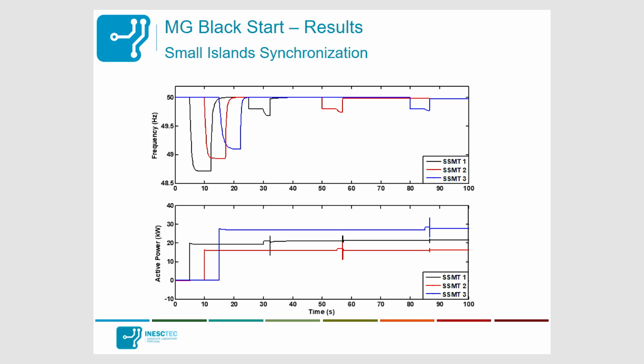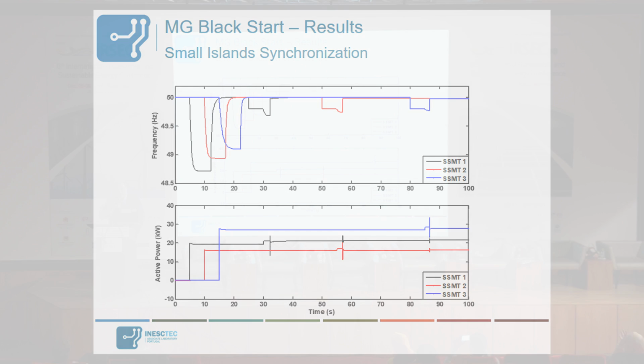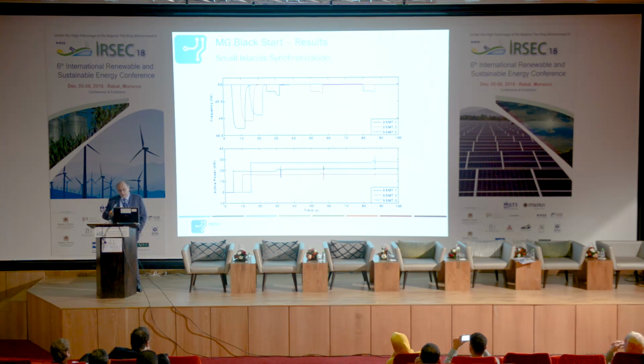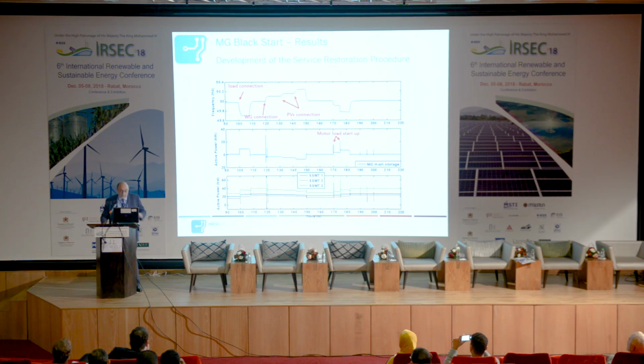But as we progress, we start making the synchronization of the islands, and we arrive at a single frequency on the grid. And it is also possible to see the behavior of, for instance, a load connection, how load connection impacts the frequency, as it is described here.